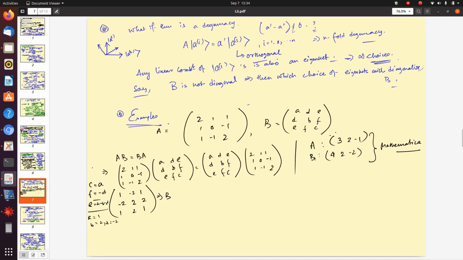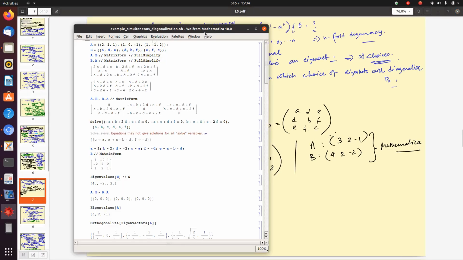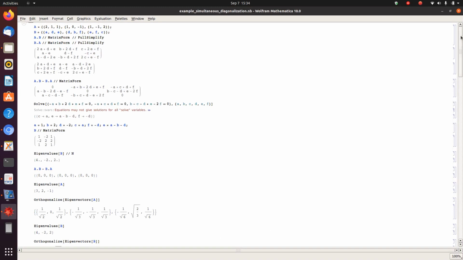Now let us look at this example and understand the structure here. Here I did this algebra and have shown how to figure out these relations such that I can construct this matrix B. I have computed the eigenvalues of B like this, 4, minus 2, 2, and computed the eigenvalues of A earlier, and I checked that AB minus BA is 0.